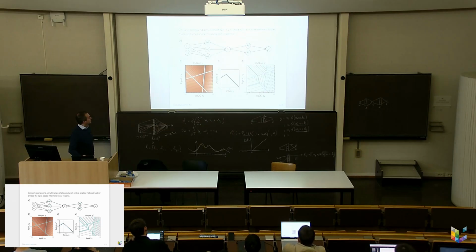So let's say this corresponds to the input y, as before. And let's say this function corresponds to the mapping from y to y prime, as defined by this very small second neural network.